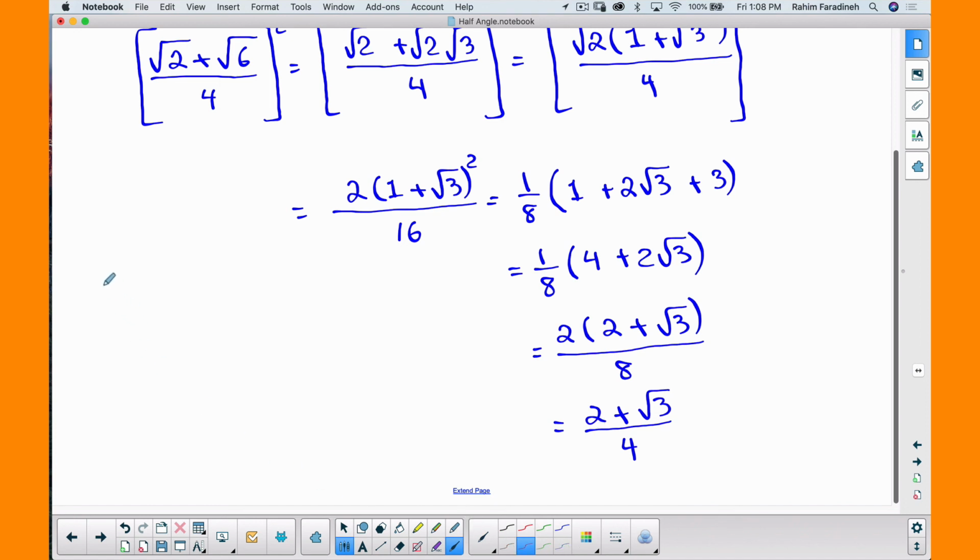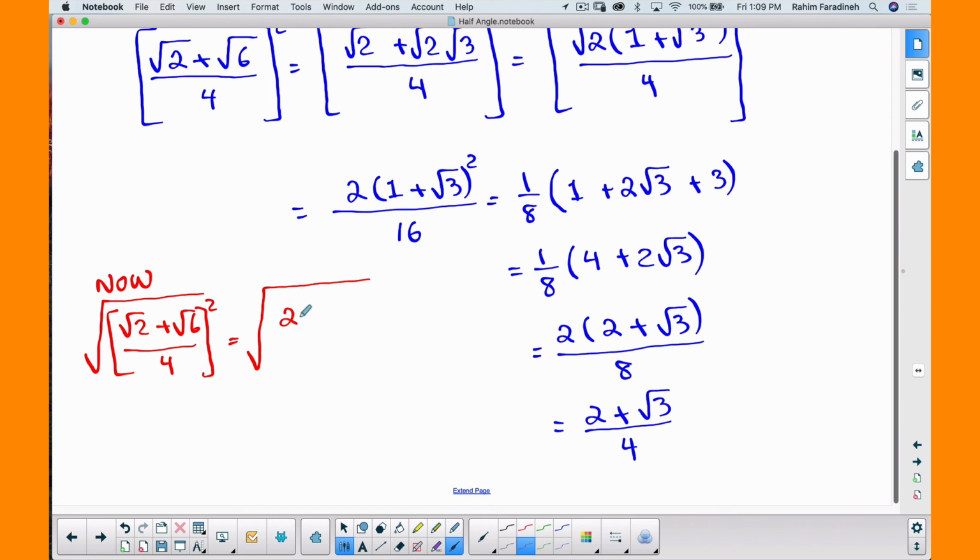So now let me move over here, and we're going to take the square root of radical 2 plus radical 6 over 4 quantity squared, which is taking the square root of 2 plus radical 3 over 4.